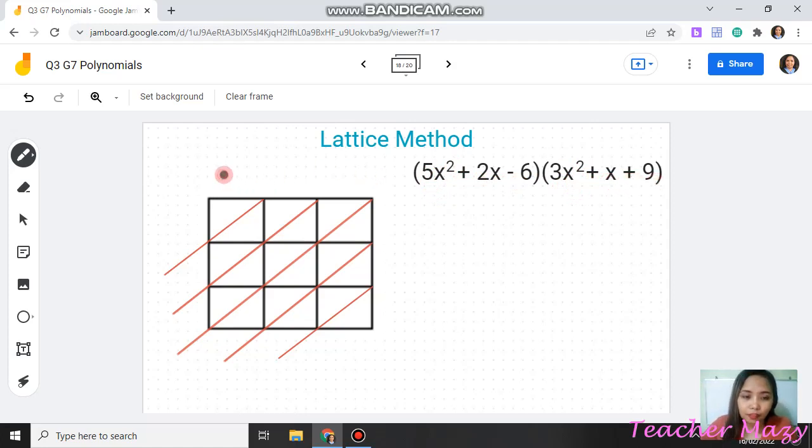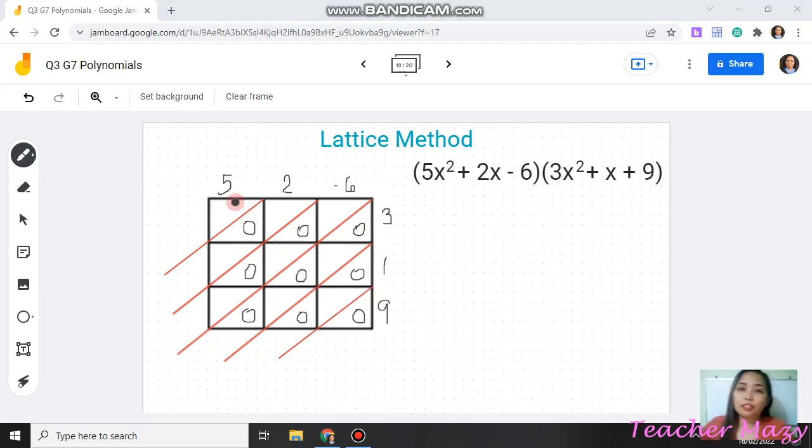First, let's write the numerical coefficients of each factor, which are 5, 2, and negative 6. Next, for the second factor, we have 3, and since this is x, that means the coefficient is 1, and positive 9. Okay, next step, again, let's put zeros below each diagonal line.